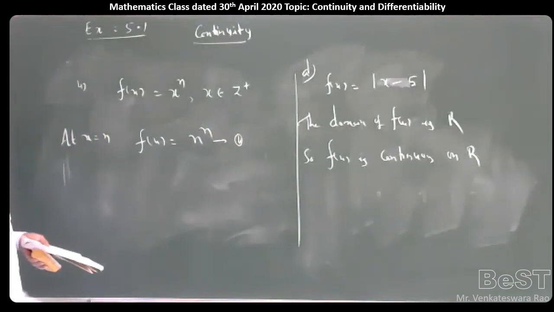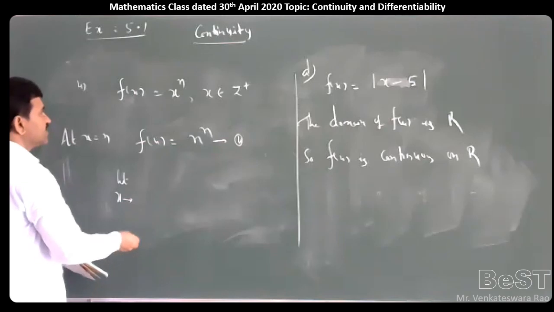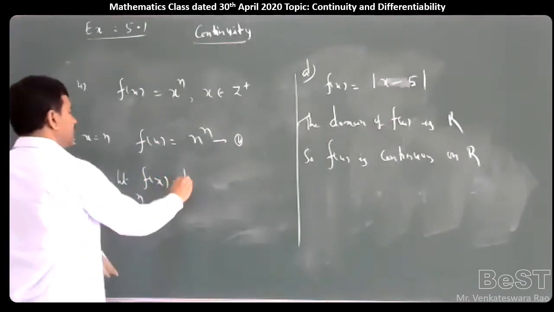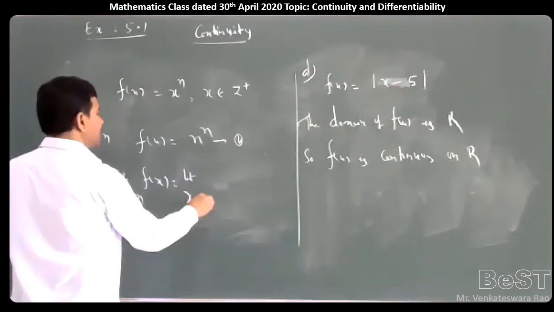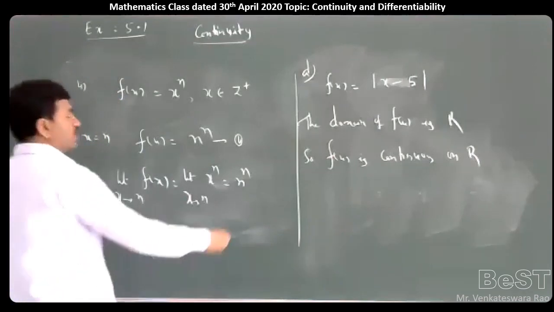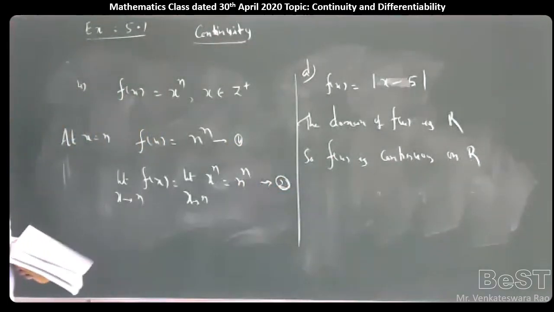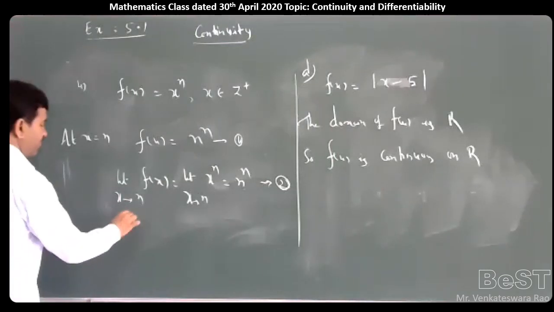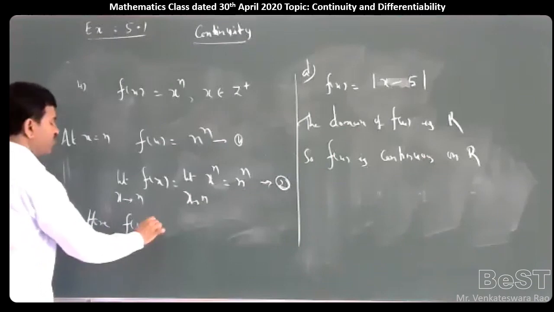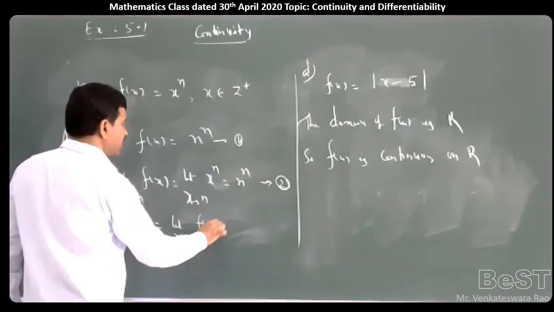Find the limit value. Limit of x tends to n of f of x, that is limit of x tends to n of x power n. That is n power n. What is your observation? From 1 and 2, f of n is equal to the limit of f of x as x tends to n.